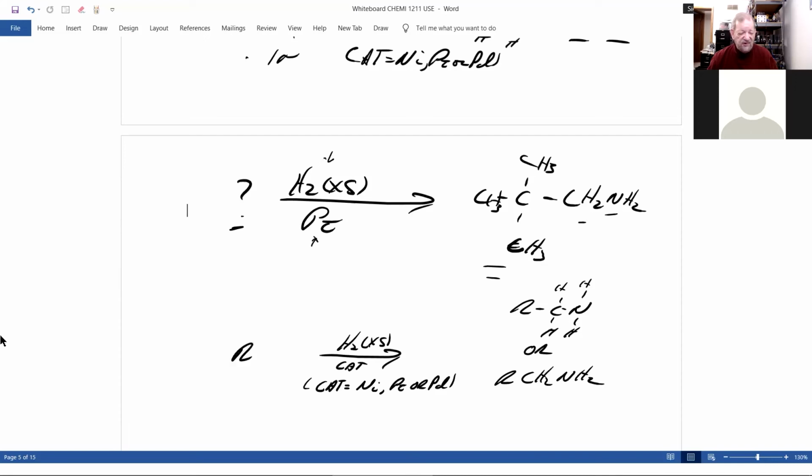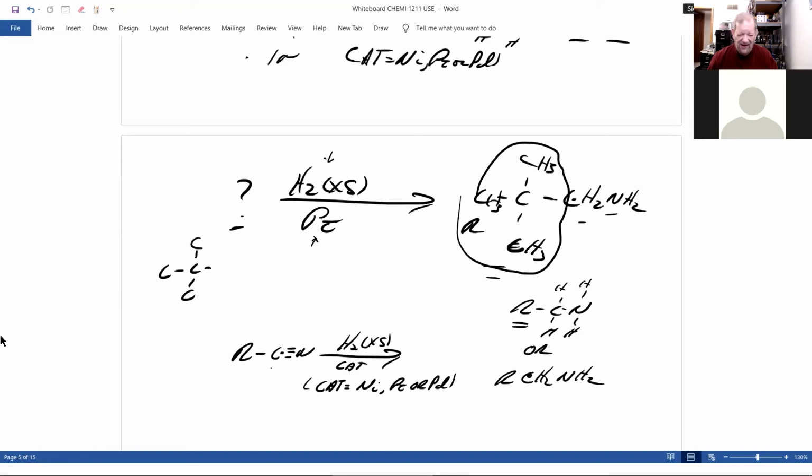And the answer is nitrile. Now, this carbon here is this carbon here, which is this carbon. So what's attached to it is the R group. And that's my R group. So what's my R group? A t-butyl group.